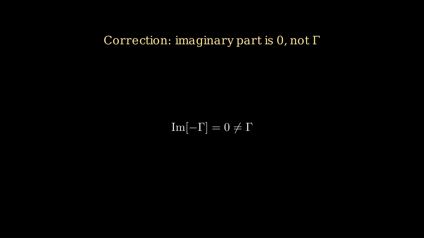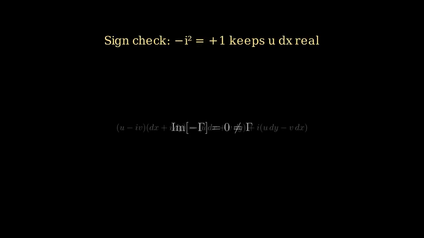Checking directly using the complex velocity relation dω/dz equals u minus iv, where u and v are the actual velocity components, multiplying out (u minus iv) times (dx plus i dy) gives (u dx plus v dy) plus i (u dy minus v dx).